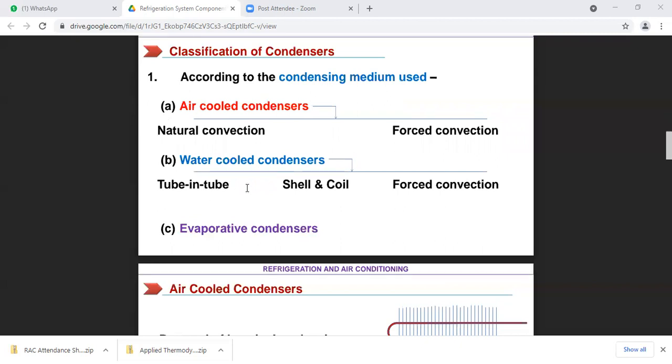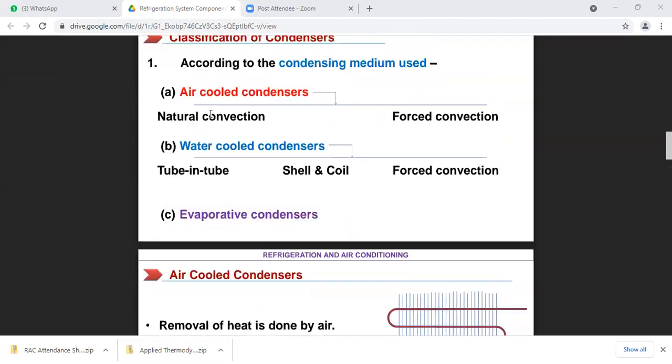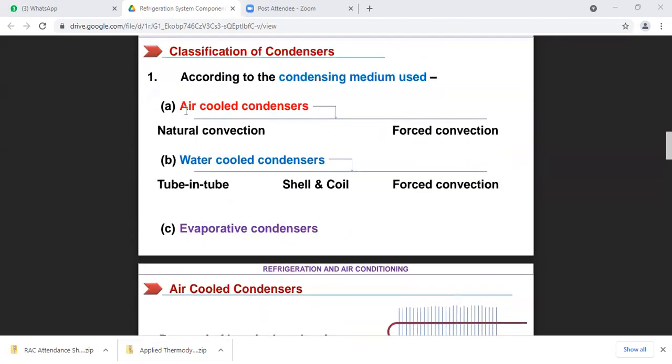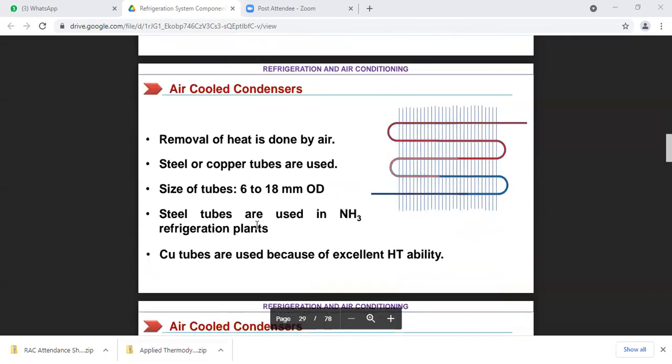Water cooled condensers include tube in tube, shell and coil, and forced convection. And the third one is the evaporative condenser. So this is the classification of the condenser: air cooled condenser, water cooled condenser, and evaporative condenser.